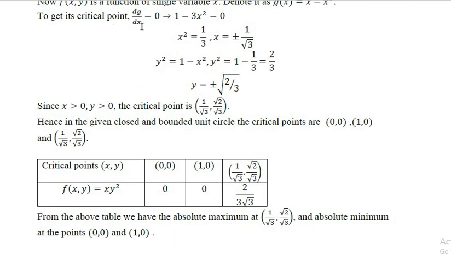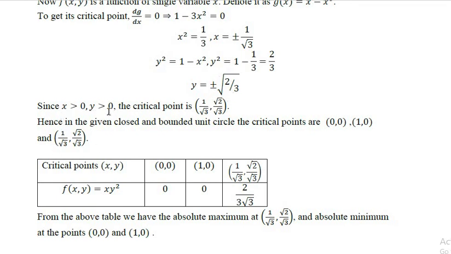Now to get its critical point, we find the first derivative and equate it to 0. So dg/dx equal to 0. That implies 1 minus 3x squared equal to 0. So x squared equal to 1/3, x equal to plus or minus 1 by root 3. So y squared equal to 1 minus x squared. Substituting, we will get y equal to plus or minus root of 2/3.